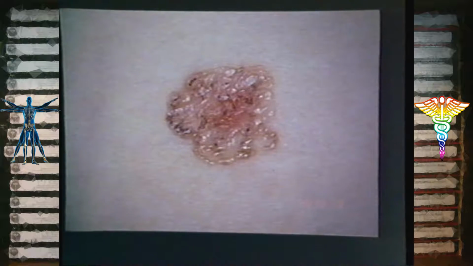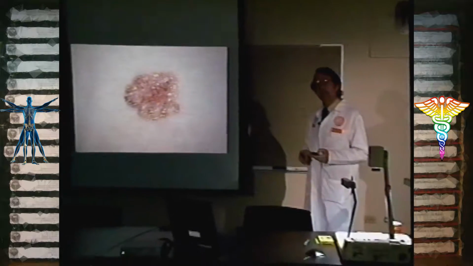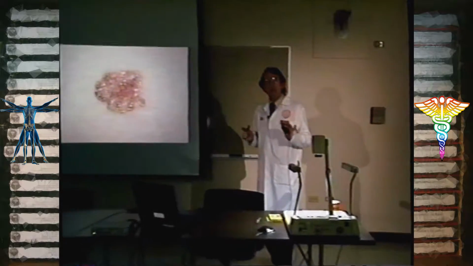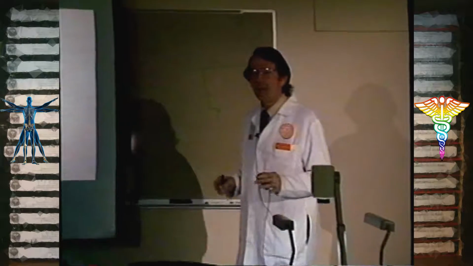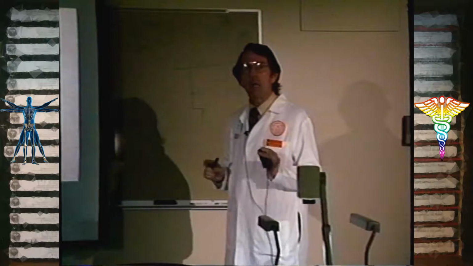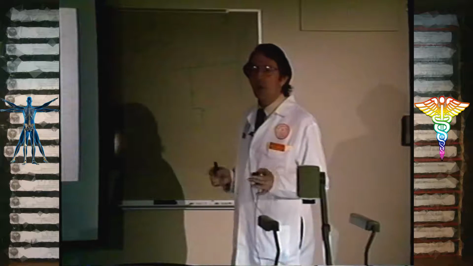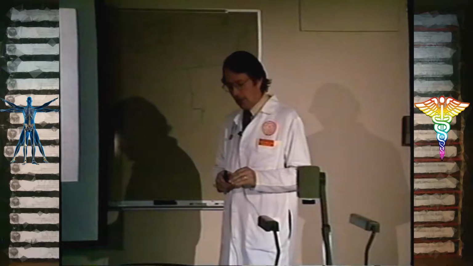So that basically reviews the various forms of basal cell carcinoma, except to say that what I want to now show you in the next 2 slides is what can happen if you neglect basal cell carcinomas. You may say, well, it takes a long time for them to enlarge. You don't really have to worry about it.